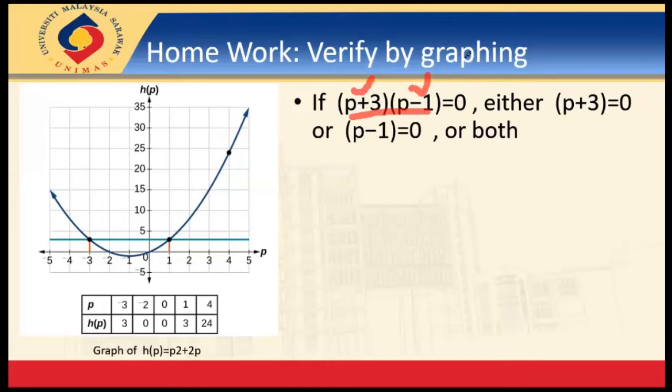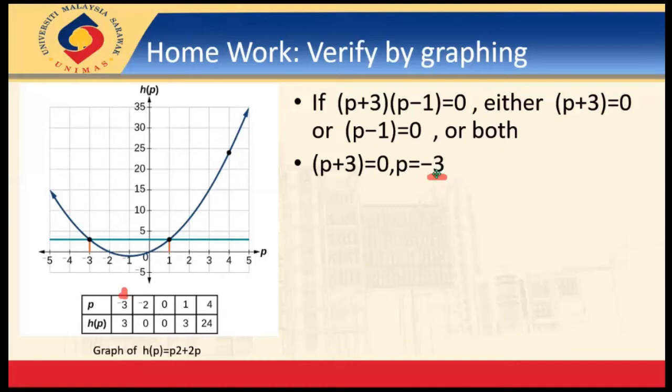So when we assume this, either p plus 3 equal to 0, then p will be equal to negative 3.